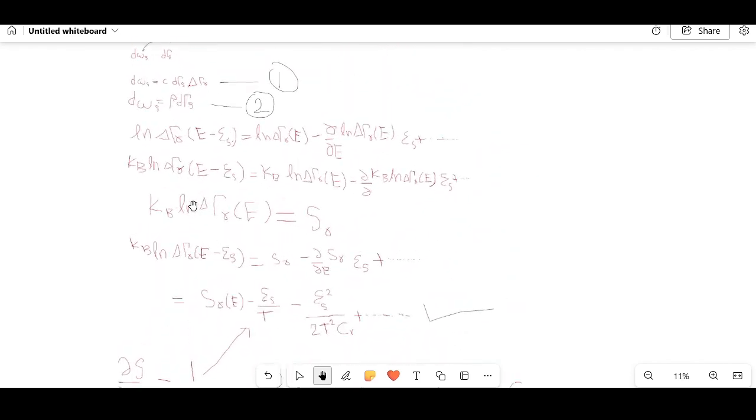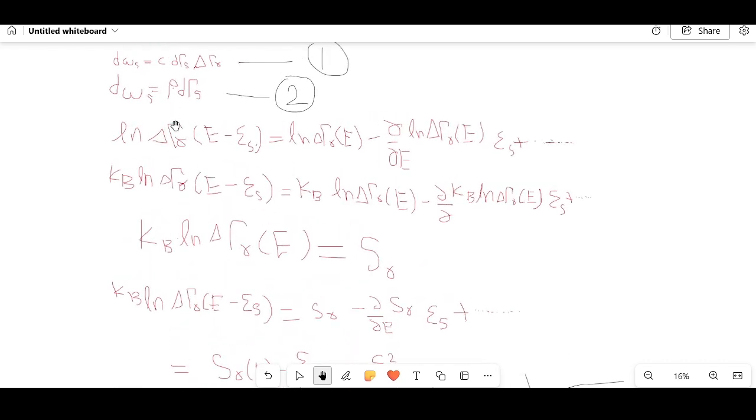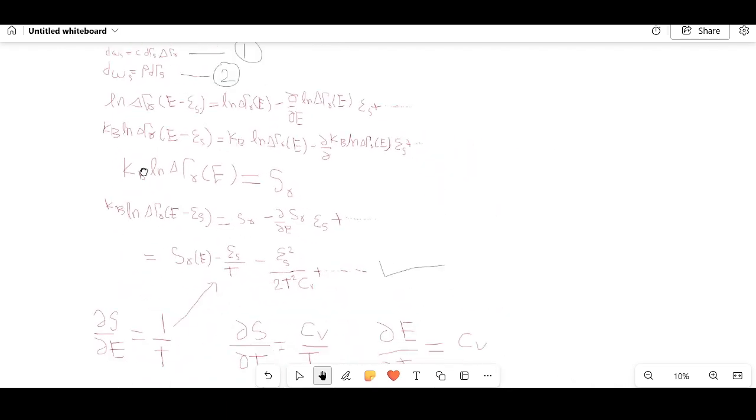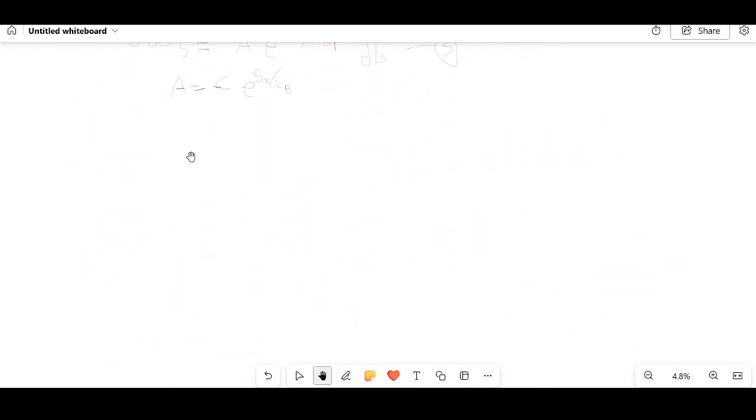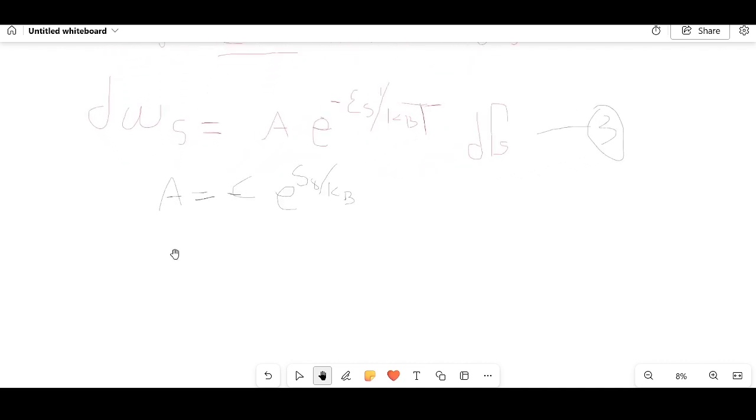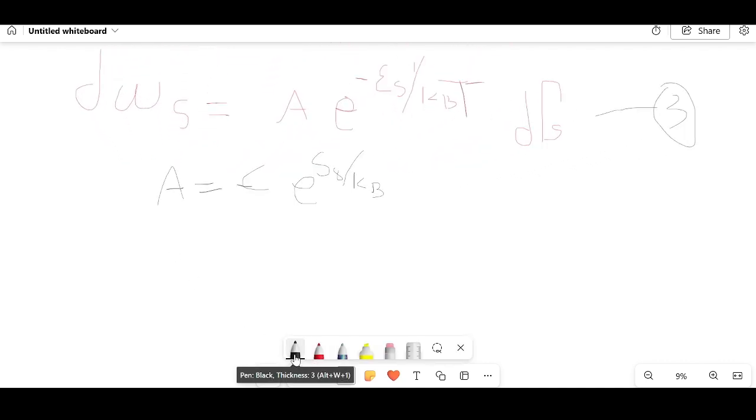You can see equation 2 and equation 3 are of the same look and we can compare them and obtain the value of rho. So the value of rho is equal to A e to the power minus epsilon s divided by Kb T.